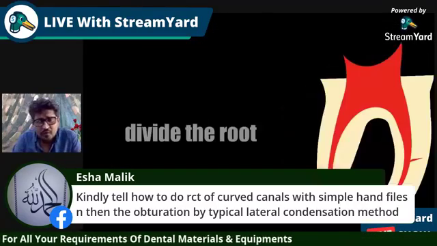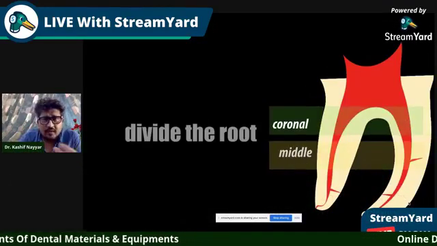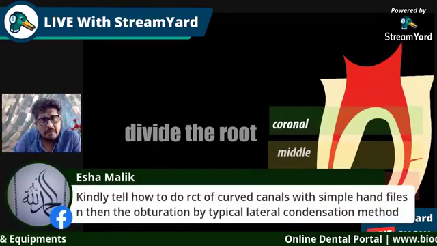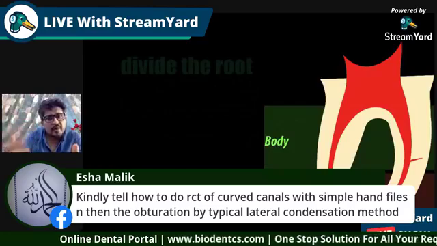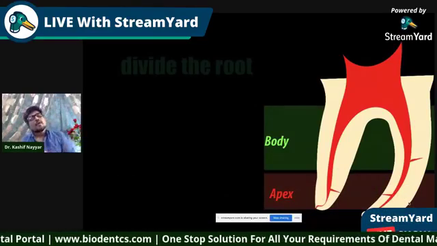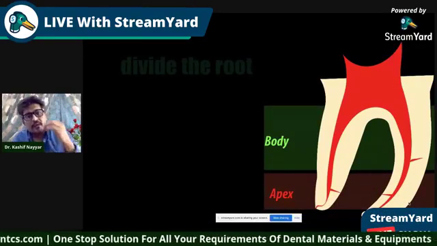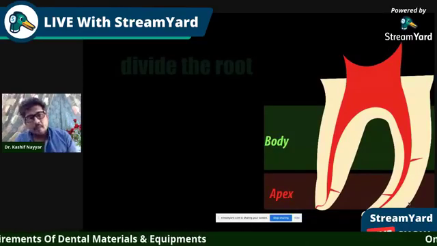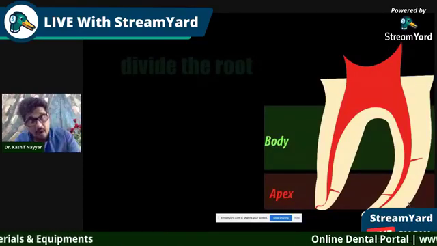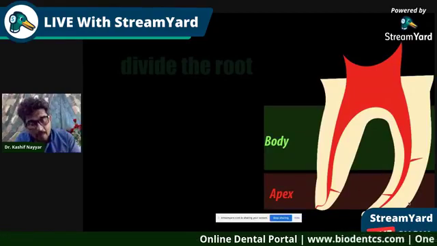Divide the root into the coronal, middle, and apical sections. Or in the more contemporary way, you just combine the coronal and middle and call it a body section and leave the apical part. So first prepare the coronal, then prepare the middle, and then the apex. Or in other words, prepare the body first, followed by the apex in the end.